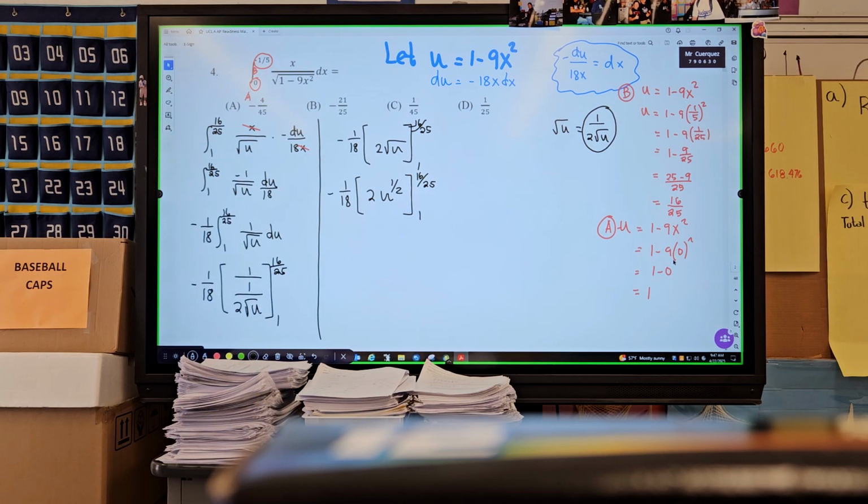Okay, and then plug in the upper limit minus the lower limit.